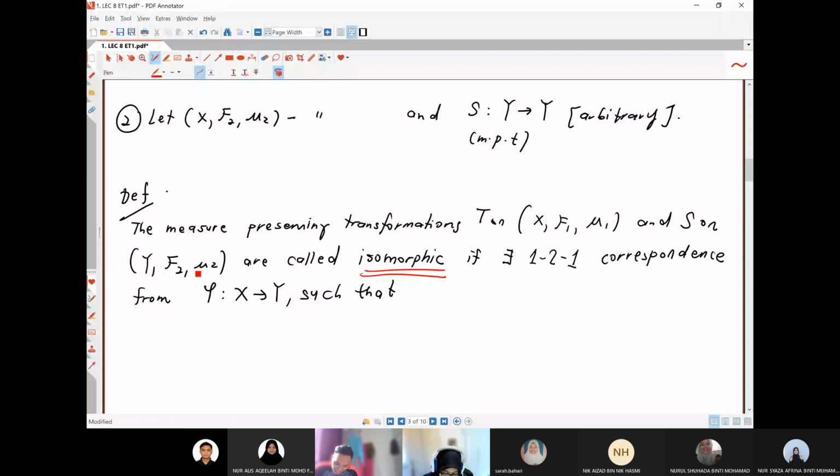Ni tak suka guna internet UIA ni. Dia punya ni tak berapa ni. Tak kuat. Boleh lah. Tak apa, saya slow-slow.